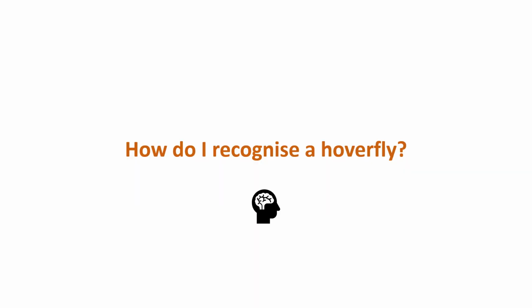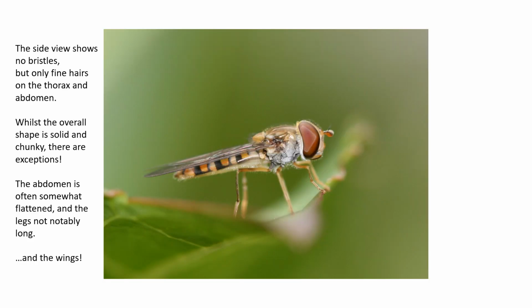Now, I've already shown you a couple of pictures of hoverflies, but that's not really going to help you, is it, to have a good sense of what is a hoverfly and what is a bee or a wasp or so forth. Now, this happens to be one of the most common hoverflies in the UK.